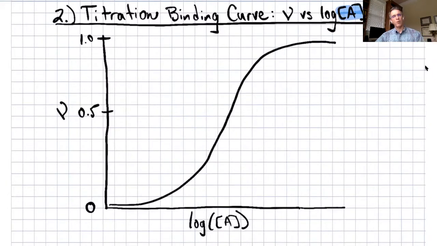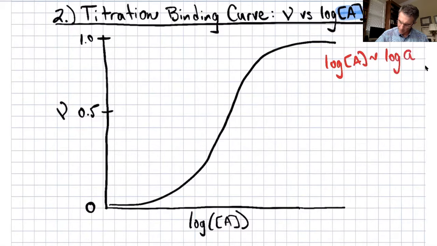Technically, you can't do that, but if you remember our discussion about activities, if we're going to do this, we have to think about the magnitude of those numbers as the activities, so they don't have units anymore. But if we're in ideal conditions, it's basically the same number to a first approximation. And if you remember, what that would mean is that log of the concentration of A is therefore proportional to log of the activity of A.